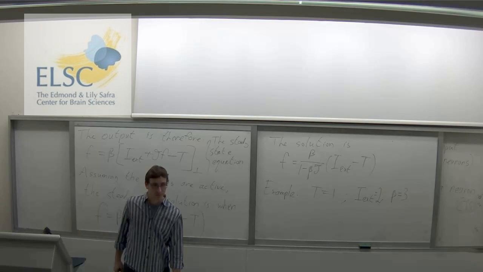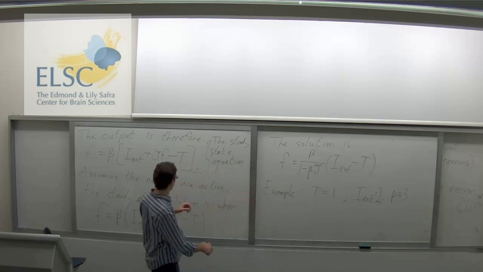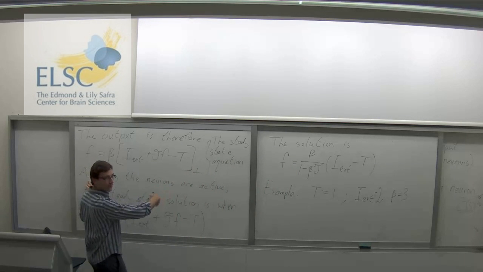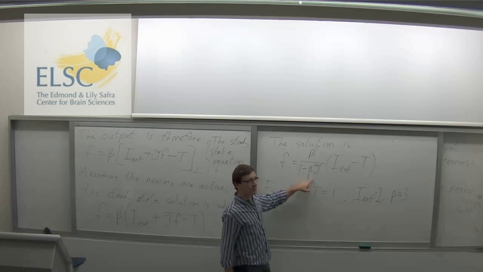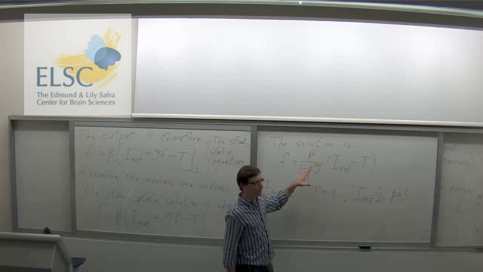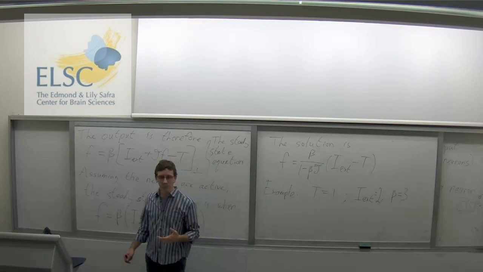If the constraints are not met, it means that the assumption that all neurons are active is not going to be met. For instance, if I take beta equals 3 and too large a J tilde, this becomes negative, but the state can't be negative.